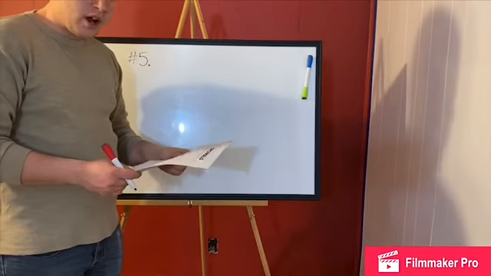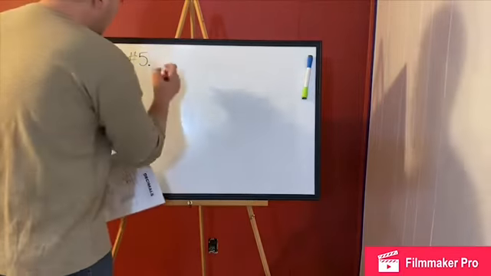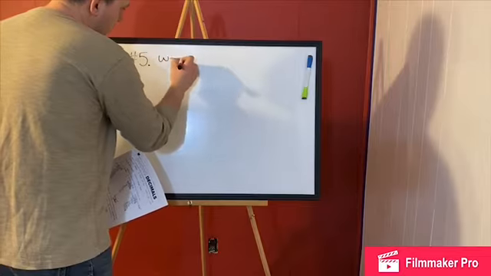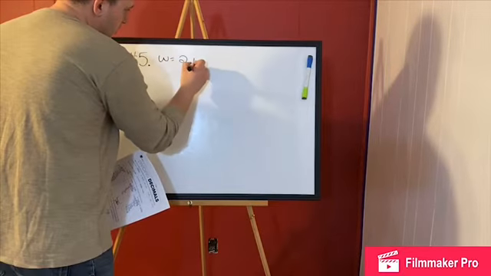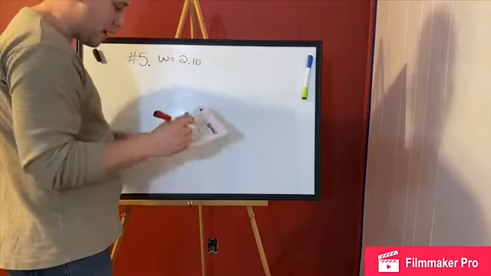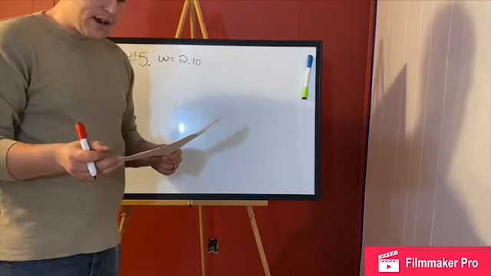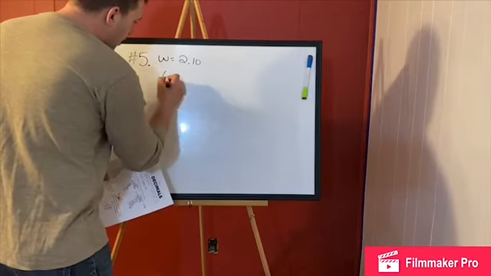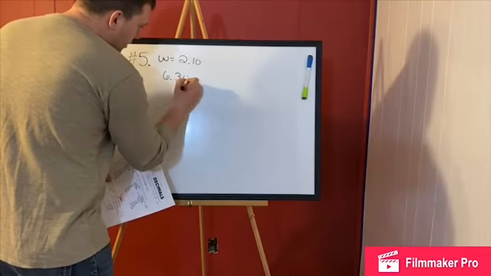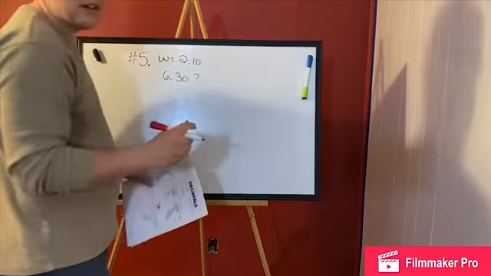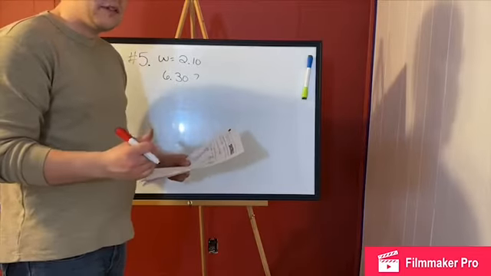Now we're on to the last one we will do together, which is question number 5. Walnuts cost $2.10 per pound. How many pounds of walnuts can Rita buy for $6.30? Just like the last problem, let's divide these out.